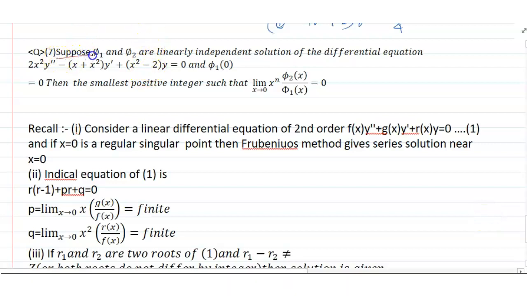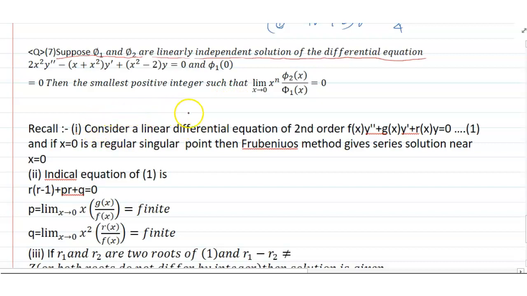Suppose phi 1 and phi 2 are linearly independent solutions of the differential equation 2x square y double dash plus (x square minus x) y dash plus (x square minus 2) y equals 0, and phi 1(0) is equal to 0.